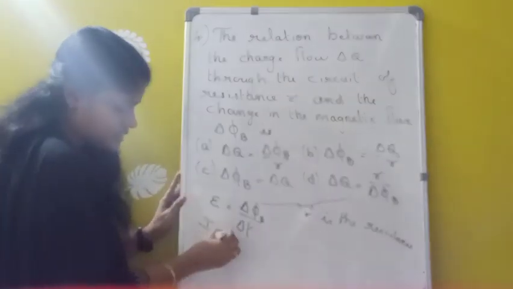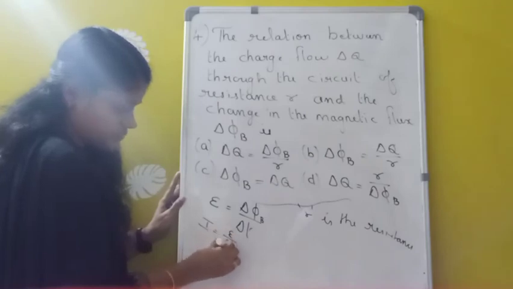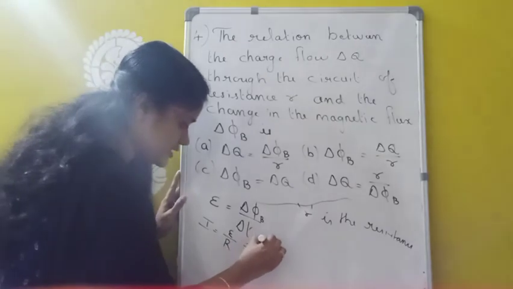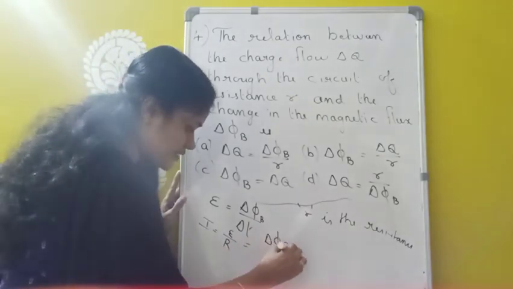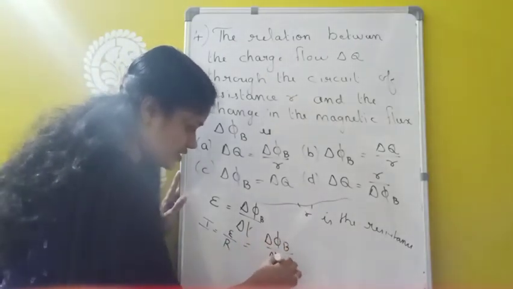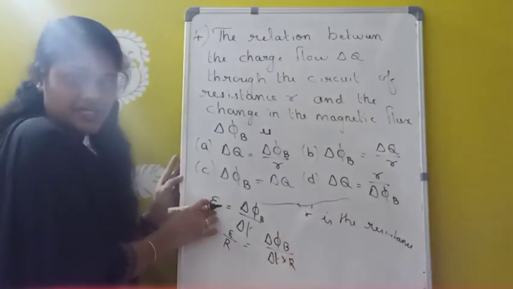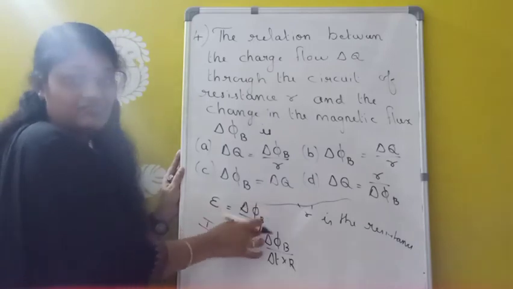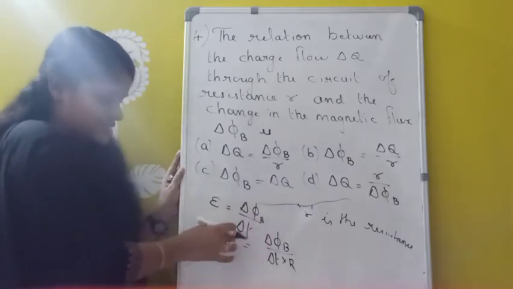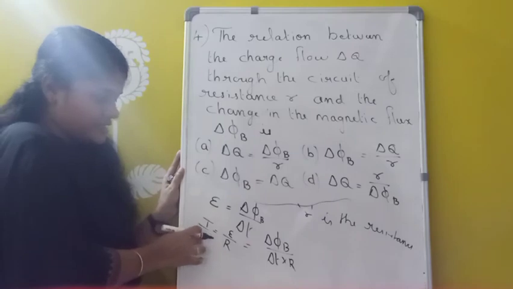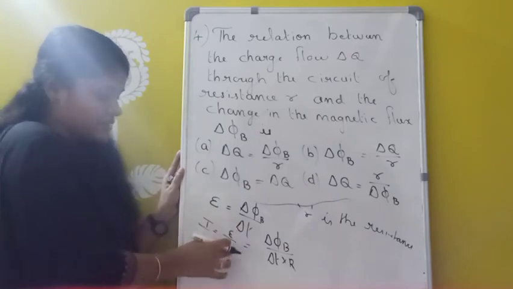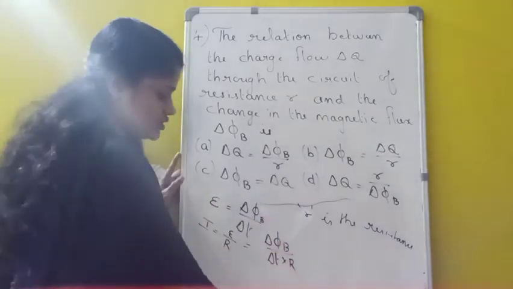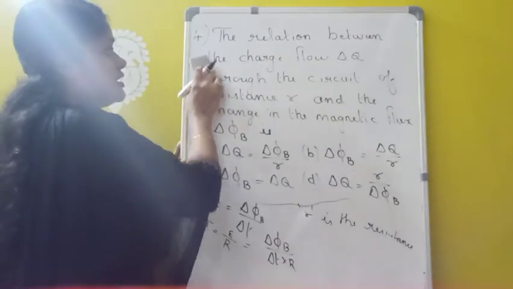I equals the induced EMF divided by R. That means delta phi B by delta t into R. So we have the induced EMF epsilon equals delta phi B by delta t, the change in magnetic flux. And the induced current is I equals epsilon by R, that means delta phi B by delta t into R. And we need to find the charge flow, delta Q.